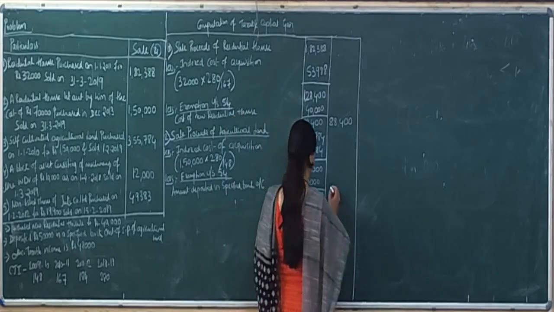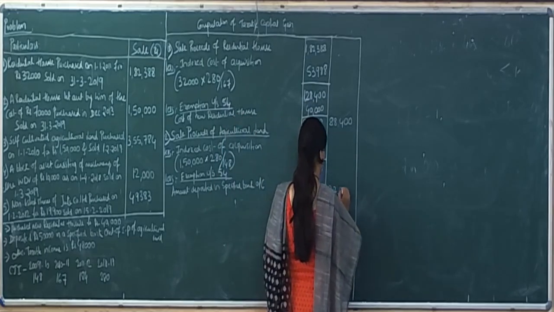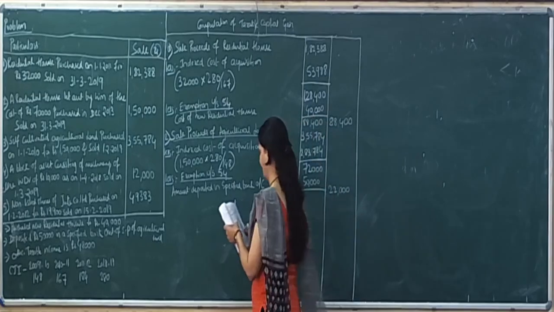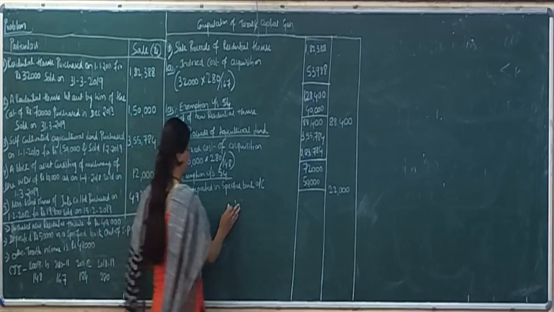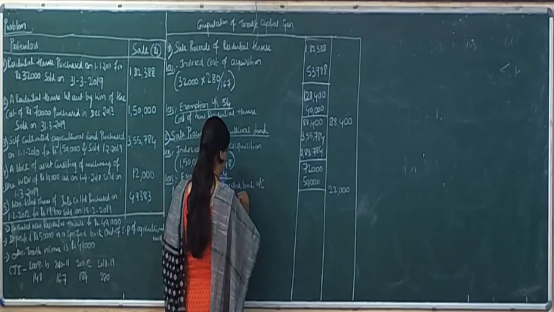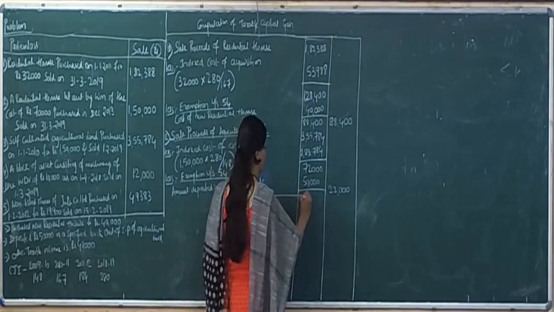So now 72,000 minus 50,000 is 22,000. Okay, so here this is long-term capital gain.